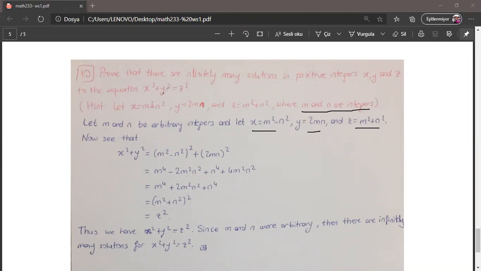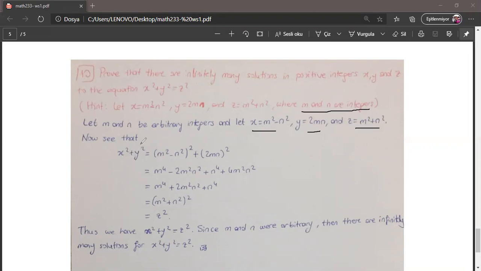If you want to show some equality, you should either start from the left side and obtain the right, or you can do the opposite, or you can show the difference between them is 0. You can do whatever you want of these 3 ways. I started from the left side and obtained the right one.